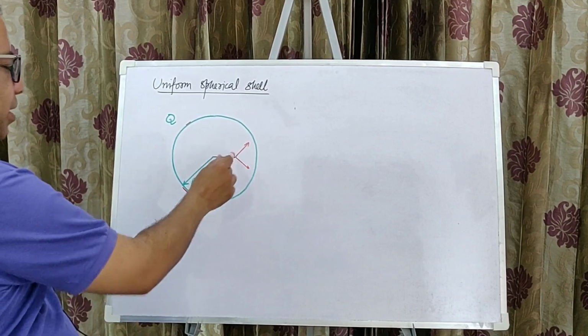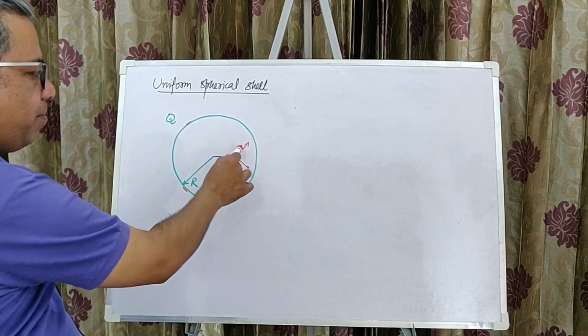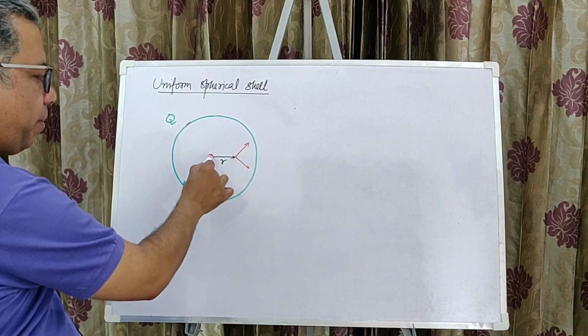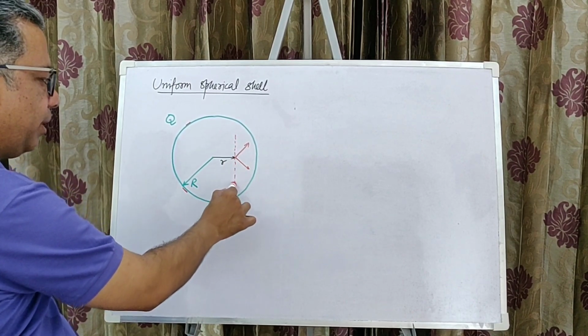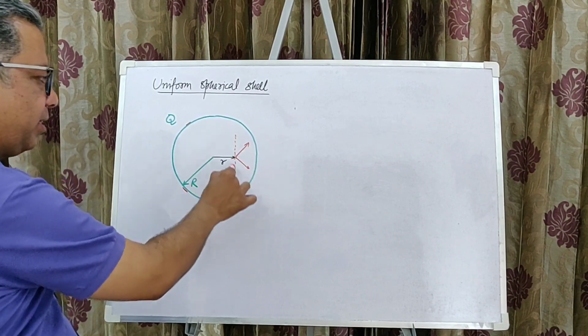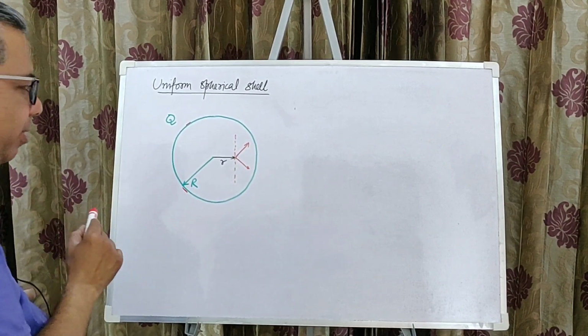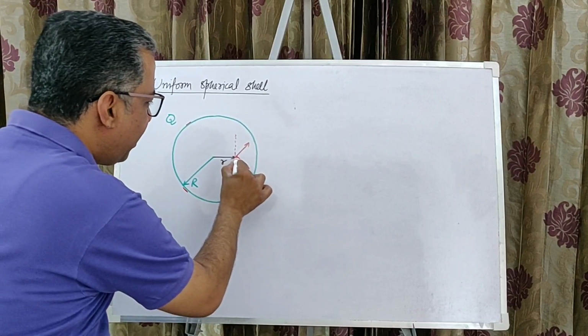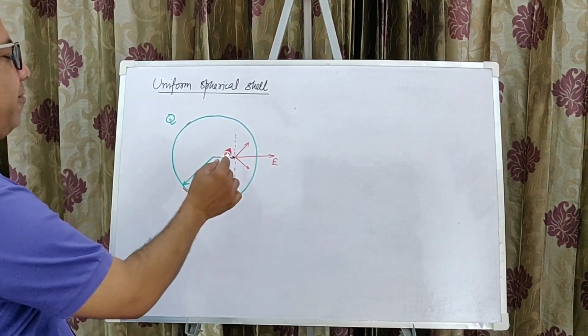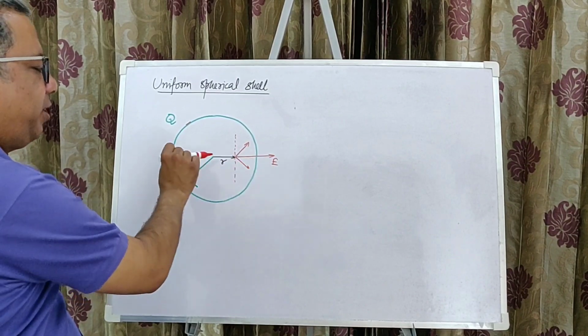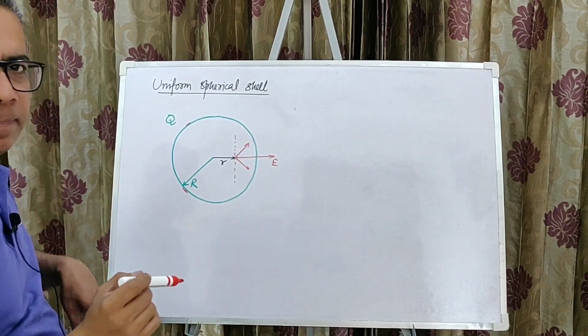It's quite easy to see that the components of these electric fields which are perpendicular to R, that is along this direction, will cancel out, being equal and opposite. The components of electric field in this direction will add up and we have an electric field which is in the radial direction.